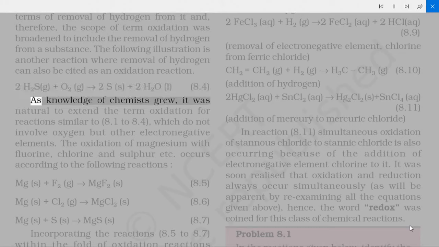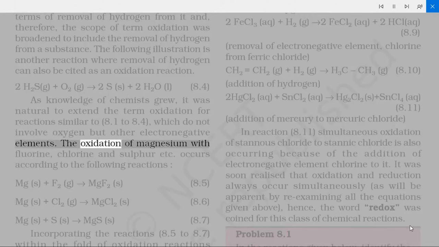(8.4). As knowledge of chemists grew, it was natural to extend the term oxidation for reactions similar to 8.1 to 8.4, which do not involve oxygen but other electronegative elements.